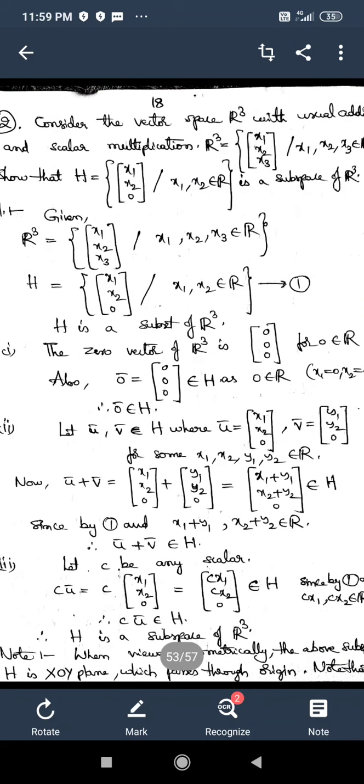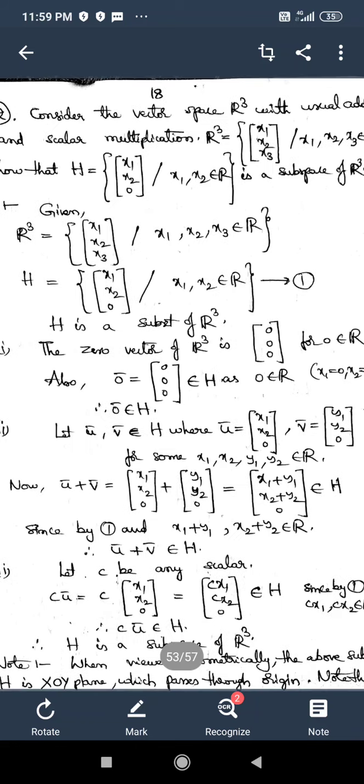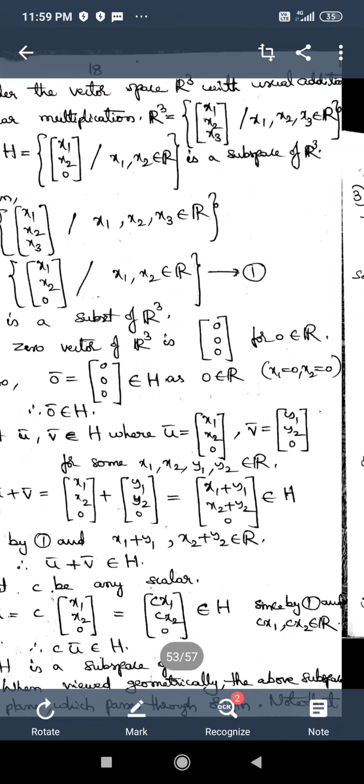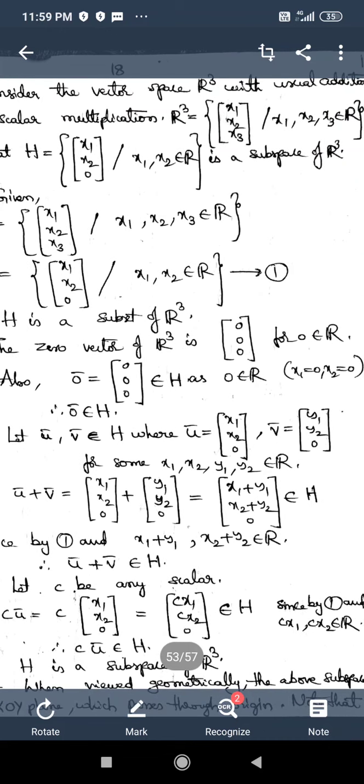And Cu bar is equal to C times (x1, x2, 0), and that is equal to (Cx1, Cx2, 0) by scalar multiplication of column vectors in R3, and here we can write (Cx1, Cx2, 0) as the resultant column vector by the definition of scalar multiplication Cu bar.